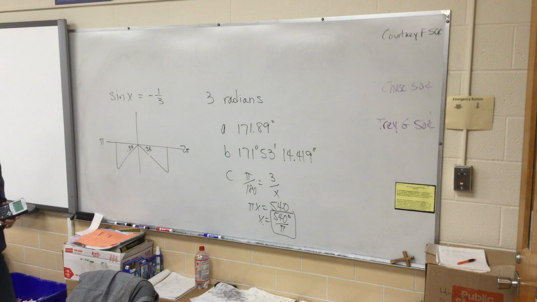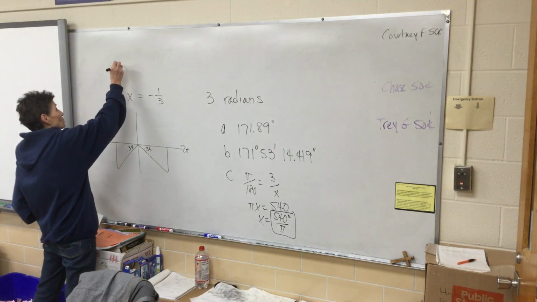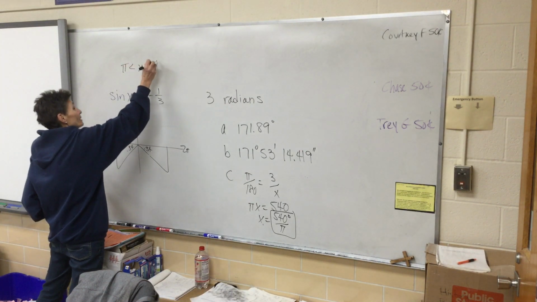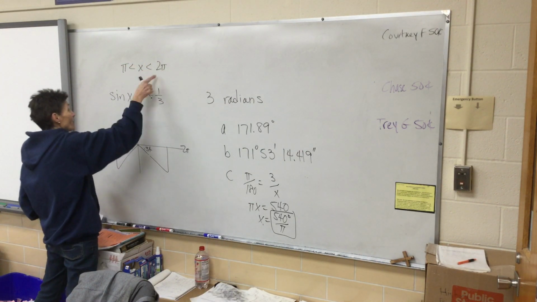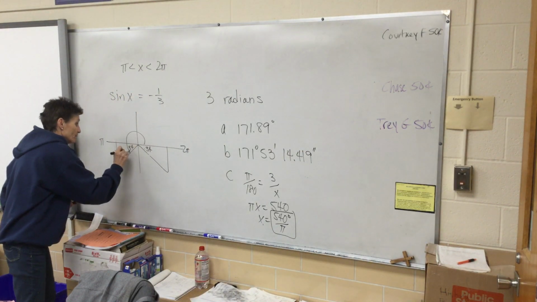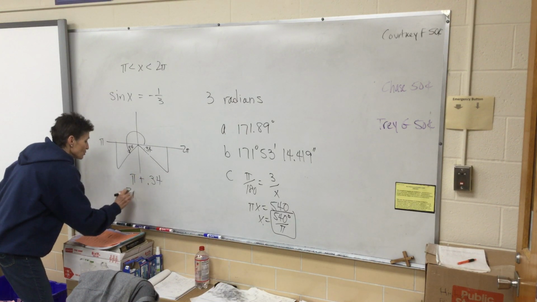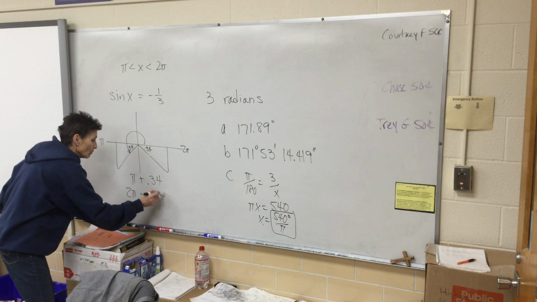Negative 0.34 cannot be an answer to the question because we are between 180 and 360, or between pi and 2 pi. No negative numbers in there. So we're going to take pi plus 0.34 and 2 pi minus 0.34.